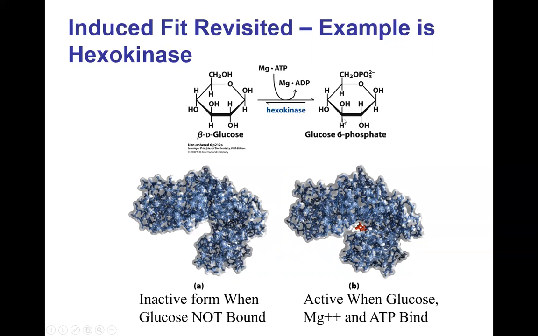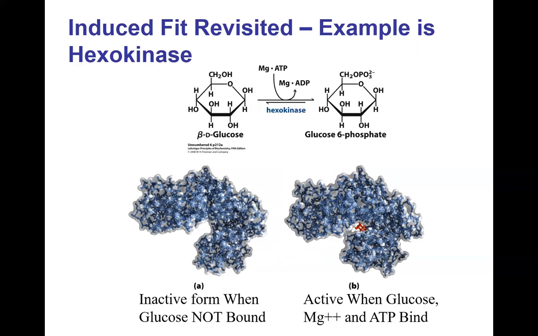There are other hydroxyl groups, but hexokinase will only transfer the gamma phosphate to that 6th hydroxyl group. Pretty cool. Think about how specific that has to be.